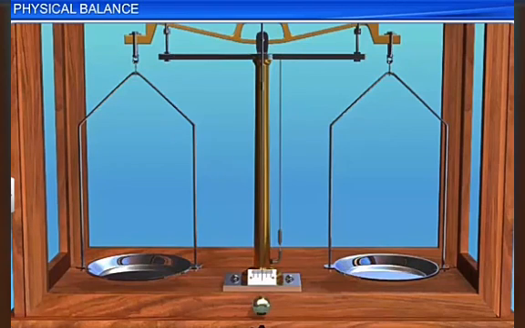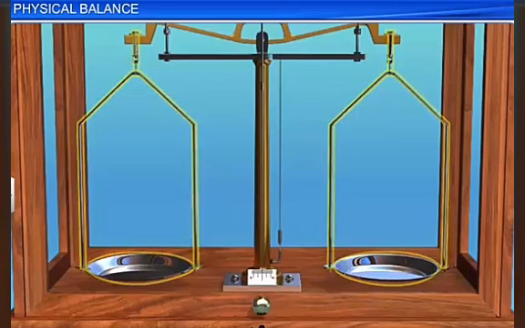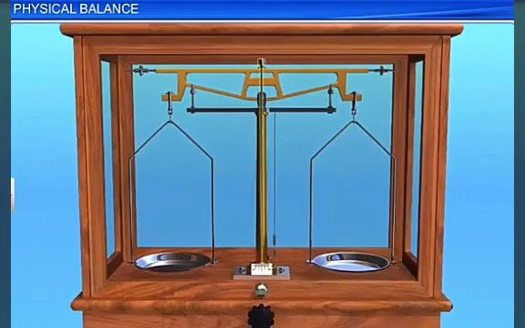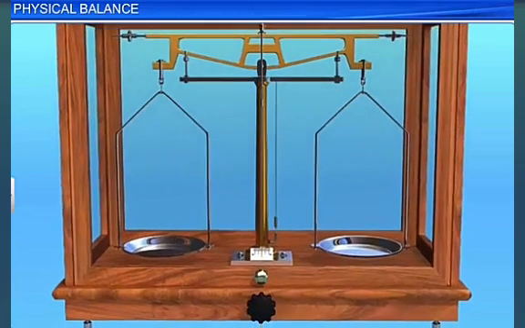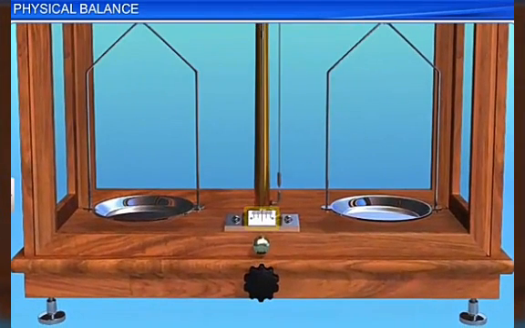Two knife edges at each end of the beam support stirrups, from which two pans of equal masses are suspended. A long metallic pointer is attached perpendicular to the beam at its center, pointing downwards. The pointer moves over an ivory scale fixed at the bottom of the pillar.